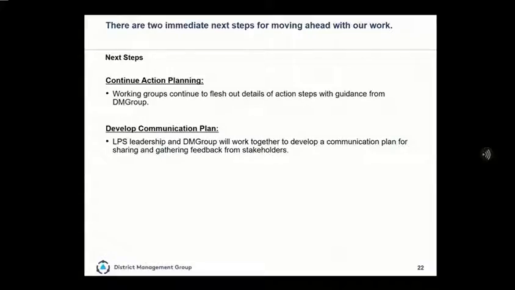So, the work to date. First of all, I want to emphasize that the Guiding Coalition and the leadership team at Lincoln have done a tremendous amount of work in a short amount of time. Based upon my experience and Nate's experience working with other districts with this similar type of work, because of the capacity and the talent that this team had at hand, we were able to accomplish so much, more so than we typically see in other districts on this given timeline.